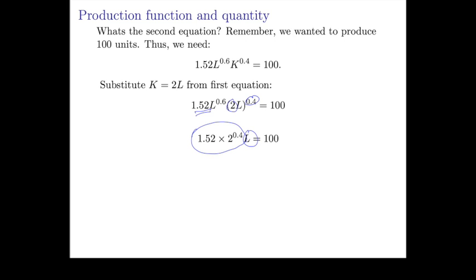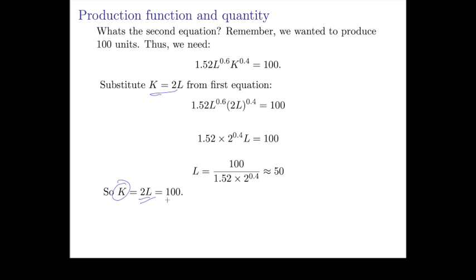So L is just 100 divided by 1.52 times 2 to the 0.4. Plug that into your calculator and you'll get roughly 50. Let's just call it 50. We'll round to 50. Which means that capital, remember, is 2L. So capital is 100.